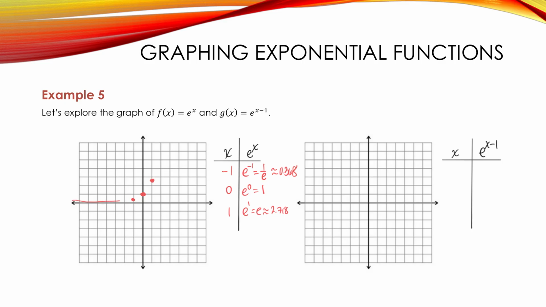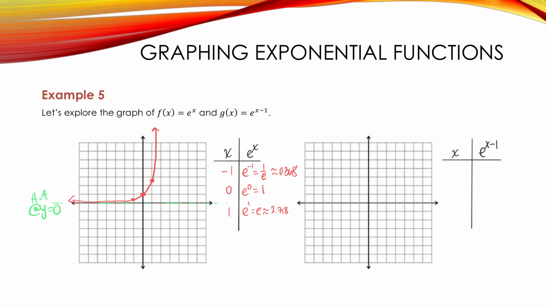So our graph is still going to look like this. It's just going to go up a little bit faster. And now we have our horizontal asymptote here, still at y equals 0. So we still have our horizontal asymptote at y equals 0.